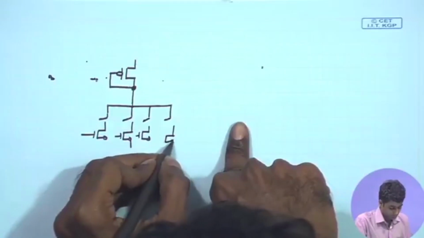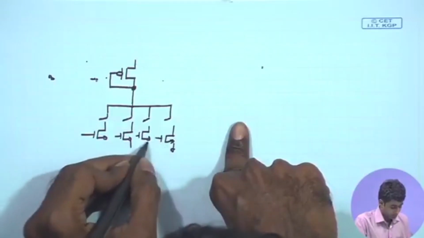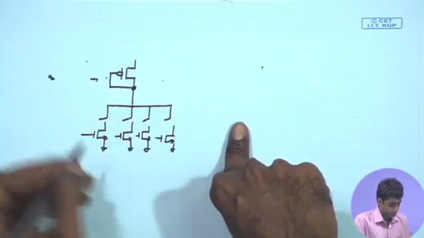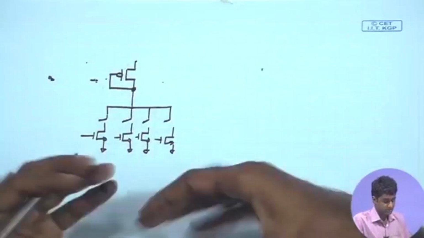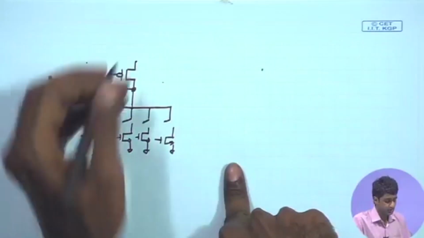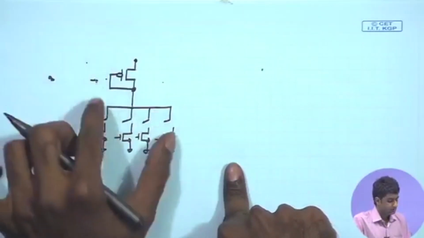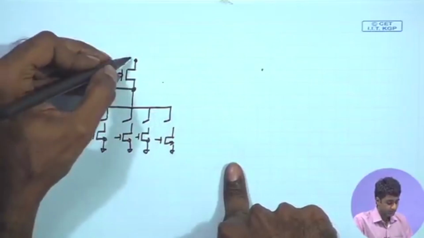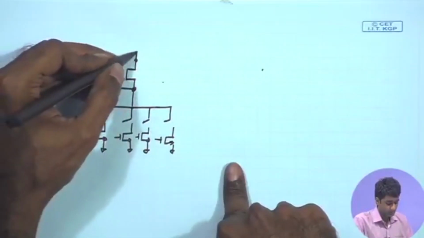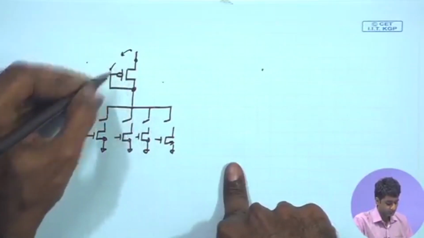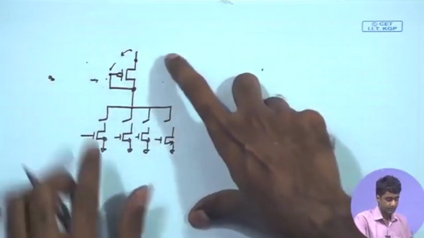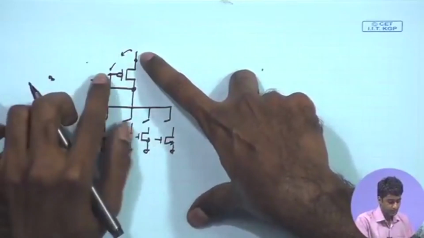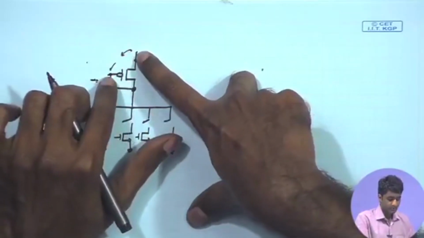So, here I have drawn a structure which is generally termed as a pseudo NMOS gate. This kind of scheme can be used for implementing digital logic, but here we are using this particular structure to implement a desired voltage drop between the source of this PMOS and the gate of this PMOS, and we are going to use these two terminals as an effective battery.